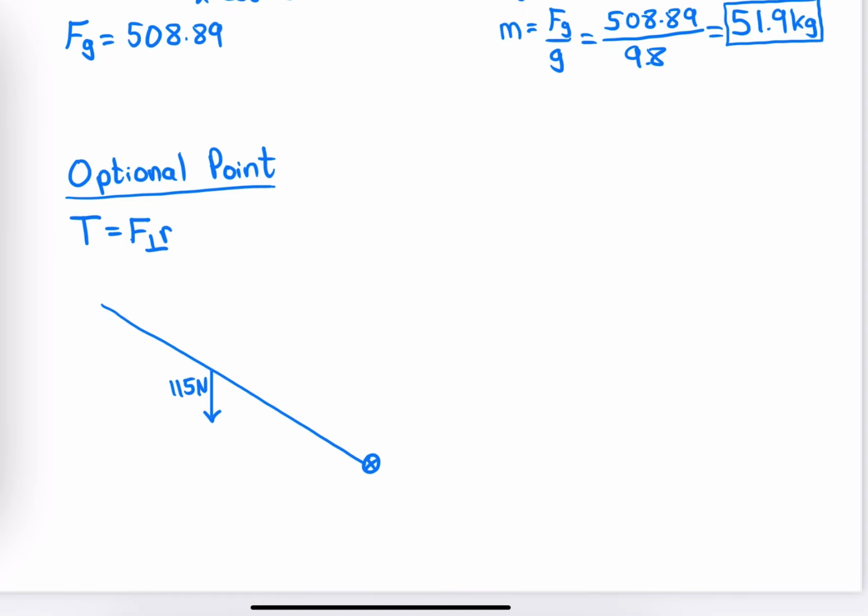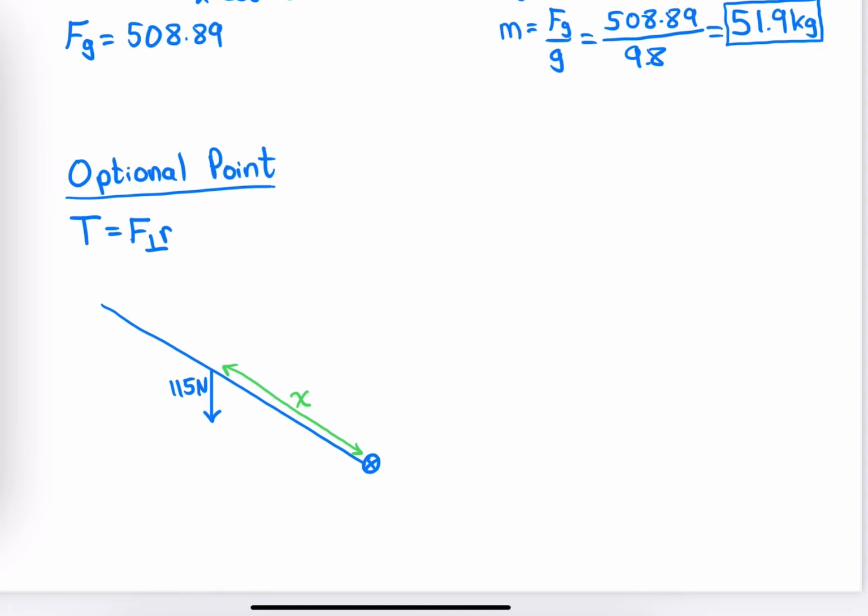Here's my rotation point, and my distance is x. So, again, what we did last time is we said we want to keep this distance as it is, and we want forces that are perpendicular to it. So we took the 115 and we created one component that was like this and one component that was like this. But what we could have done instead is kept the force as it is and split the distance into components.